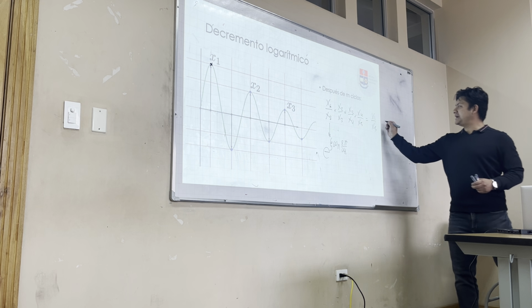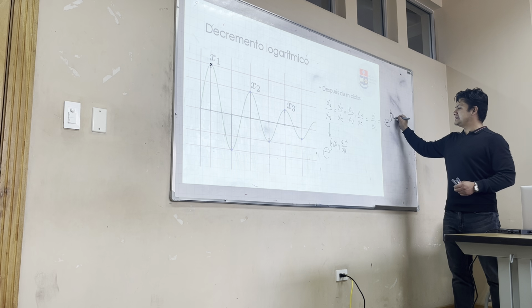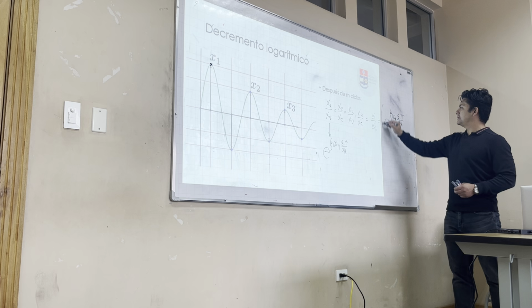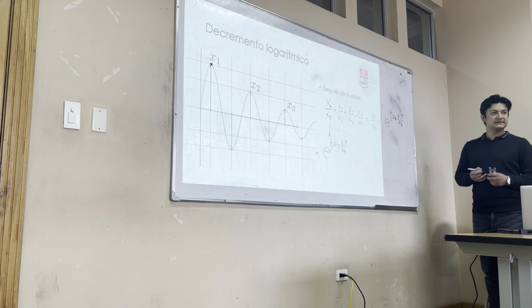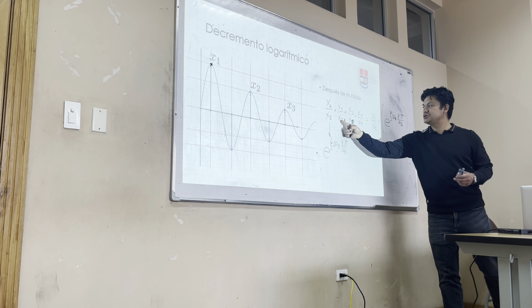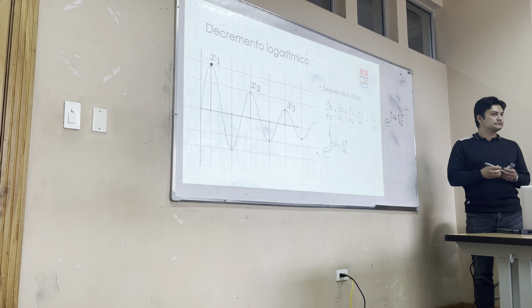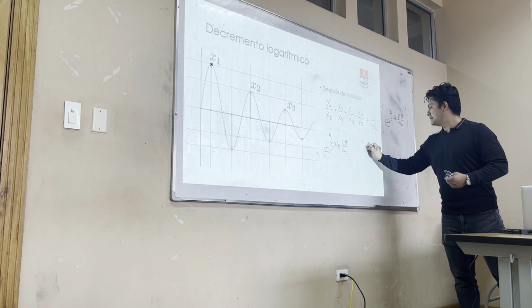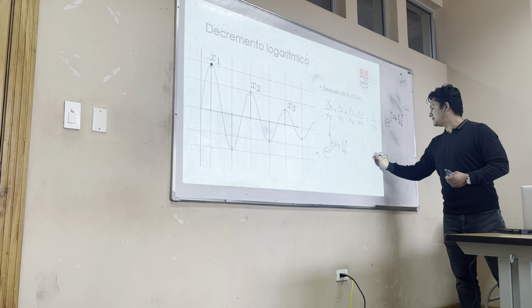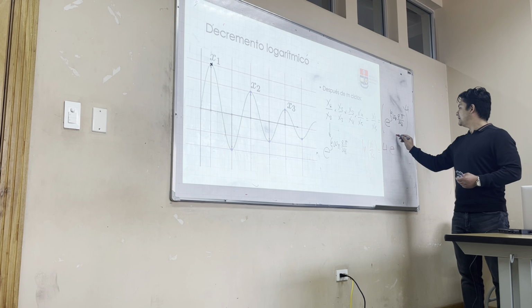So therefore this is going to be equal to e to this, to the power of, in this case, 4. 1, 2, 3, 4, right? To the power of 4. Take the natural logarithm of this thing over this thing, and then you get 4 times this value.